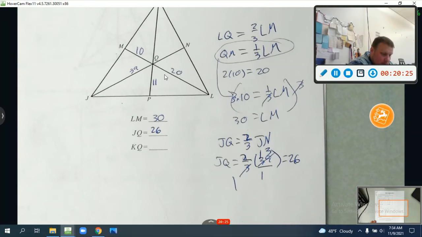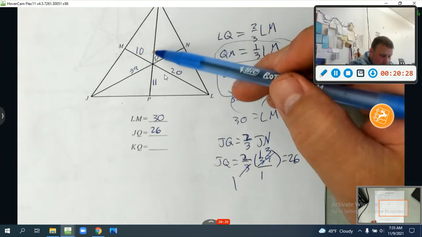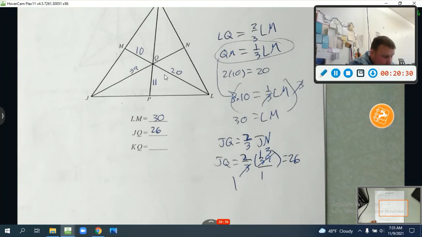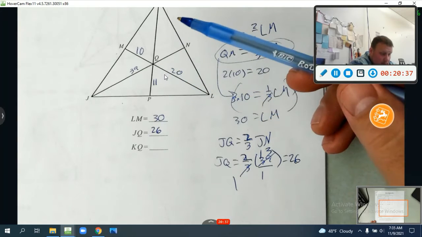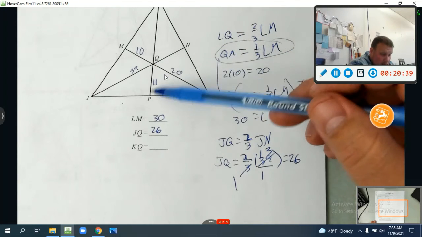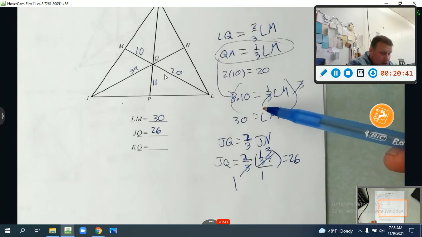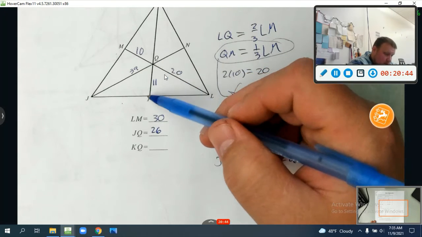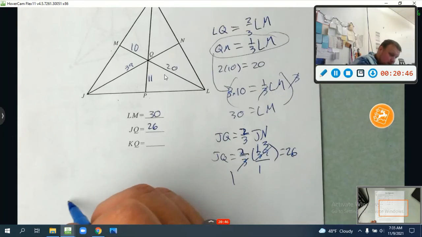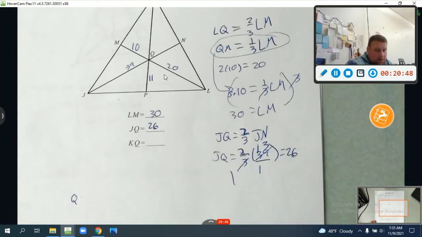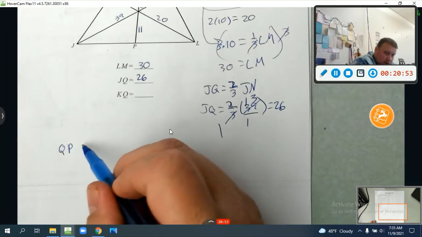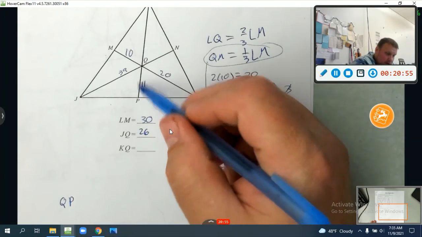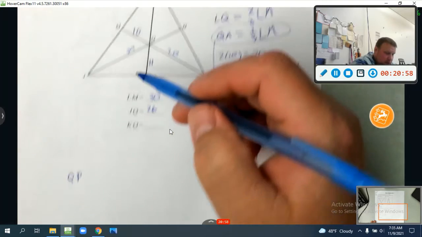And the last one we want to look at is KQ. Similar to what we did up here, if QP is 11, then QP, this distance right here, is equal to 1/3 of the total distance KP.